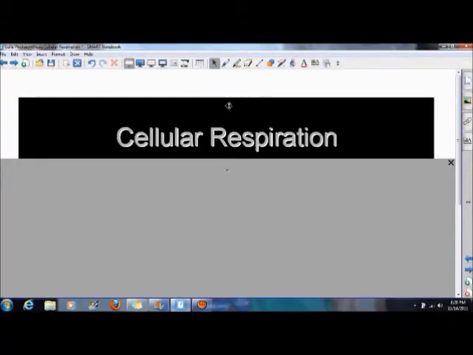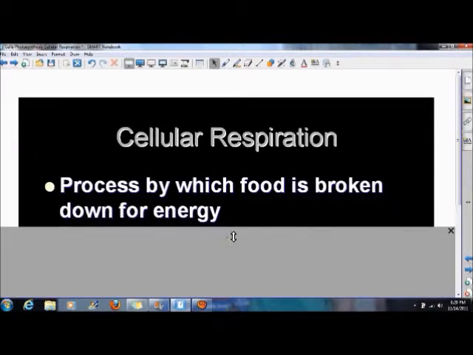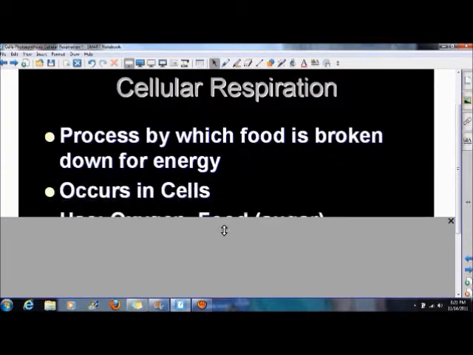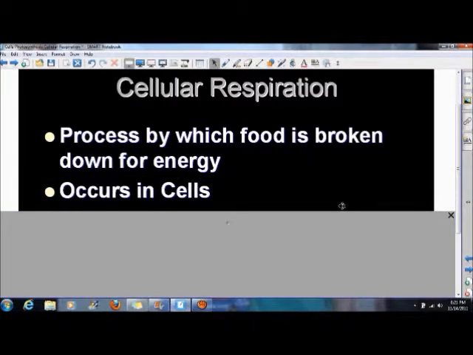So as we saw from the video, cellular respiration is the process in which food is broken down for energy by cells. So cells inside of me, inside of you, inside of all humans, inside of all animals, we need energy to do stuff, and we get that through cellular respiration. Obviously, this occurs in cells. All our cells do this.